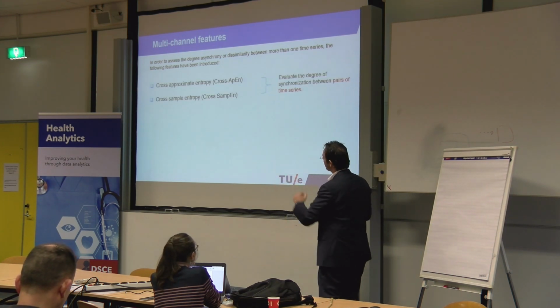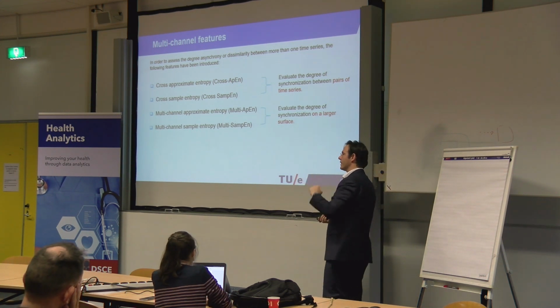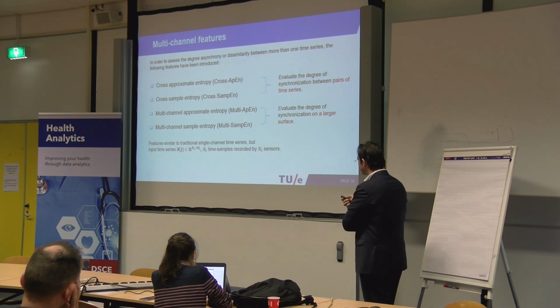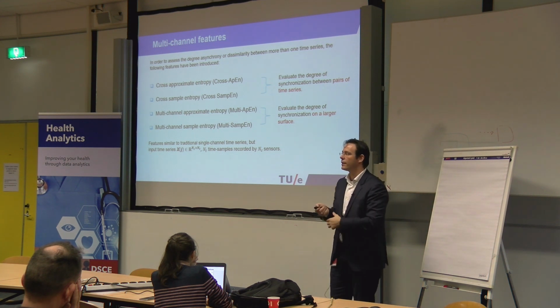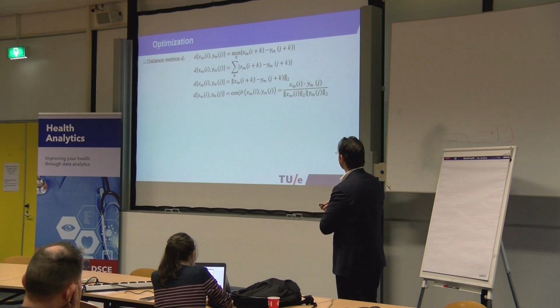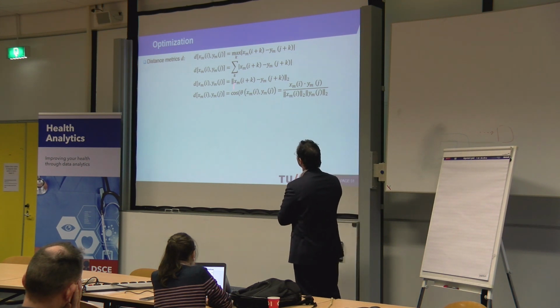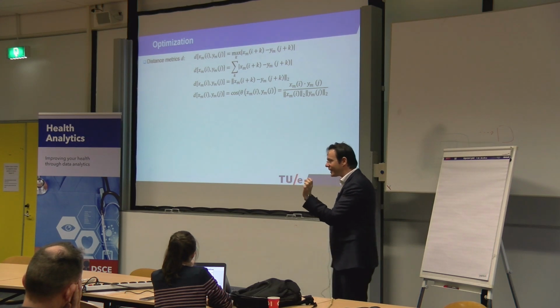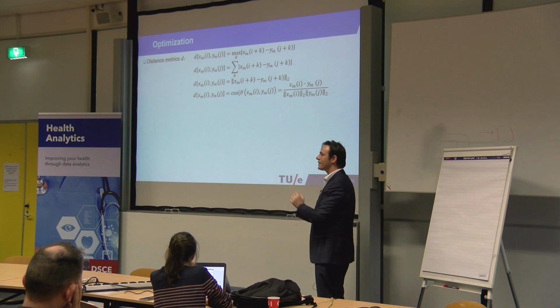This was between couples of signals, or here even comparing all the channels that we had available, so a multi-channel approximate entropy and sample entropy. Basically, it's a similar approach as the single channel, only now we have a multi-dimensional signal as input. What we introduce also is that when you measure entropy, you want to look at the distance between segments of these signals.